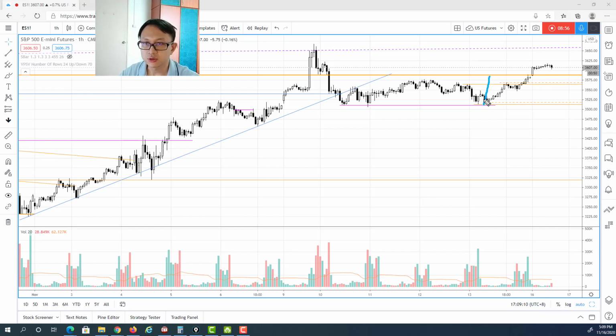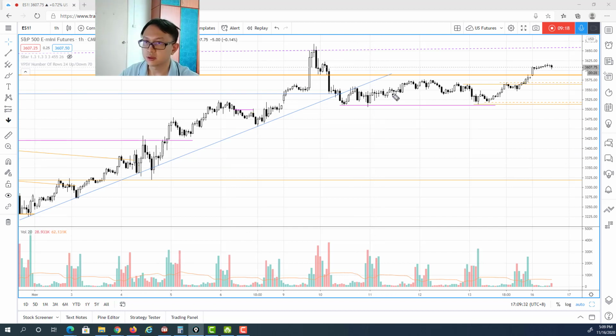You can use this kind of projection and just project up. So that could be the immediate target, somewhere around 3660. What I actually viewed was based on the price action and also the volume as well.